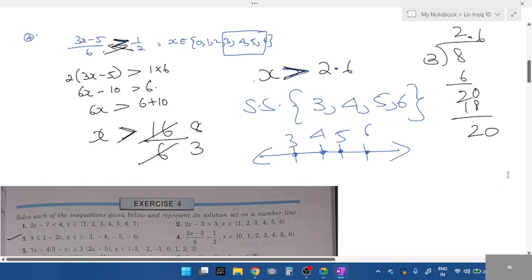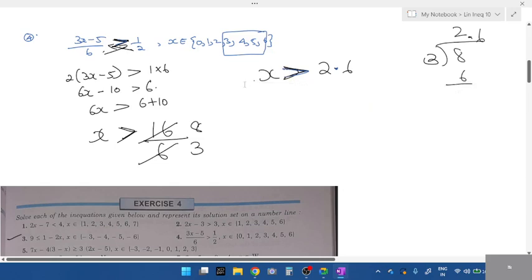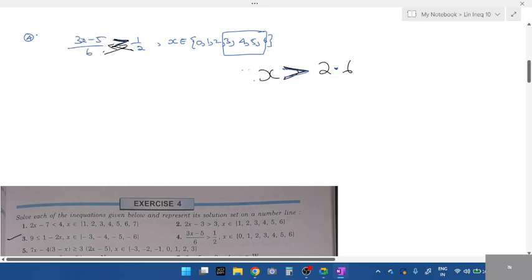Okay. Have all of you completed? Fine. 2.6, students. Look at 2.6. The other way to do this is where students go wrong, mostly in this LCM part. 2.6 is what we got. Next thing, 3x minus 5, like this. Concentrate here.